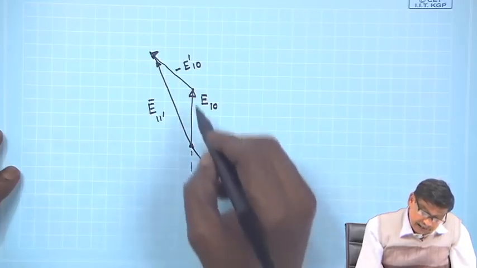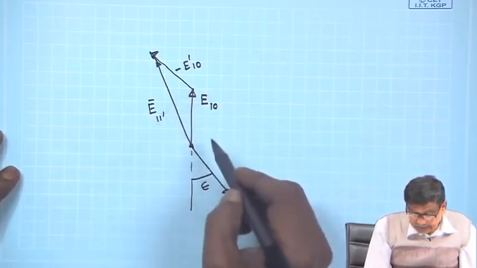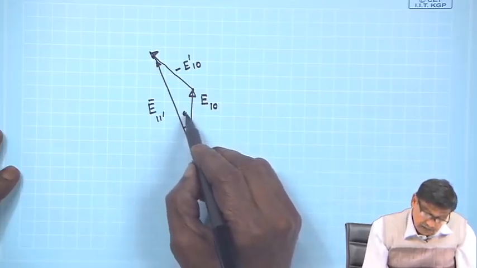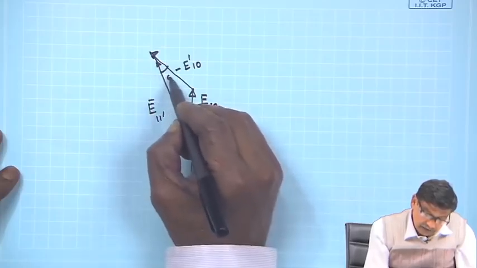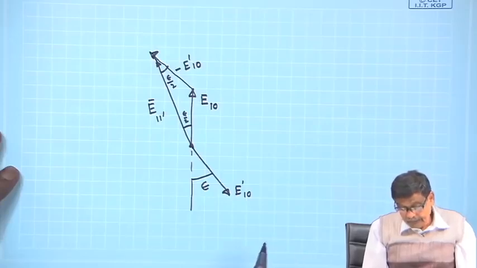Therefore, this angle will be how much? This angle will be epsilon by 2, and this will be epsilon by 2. Why?